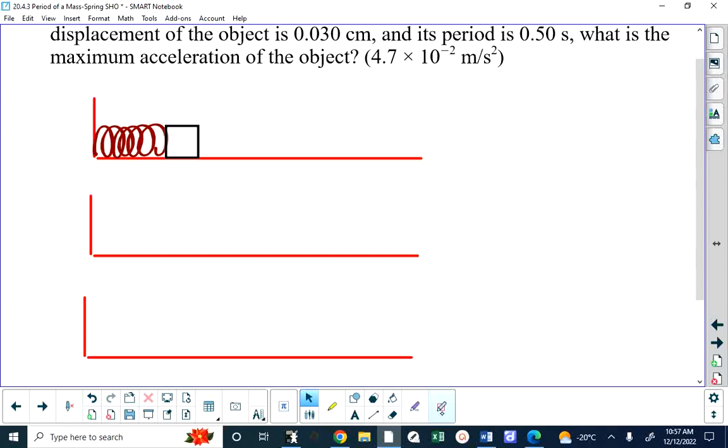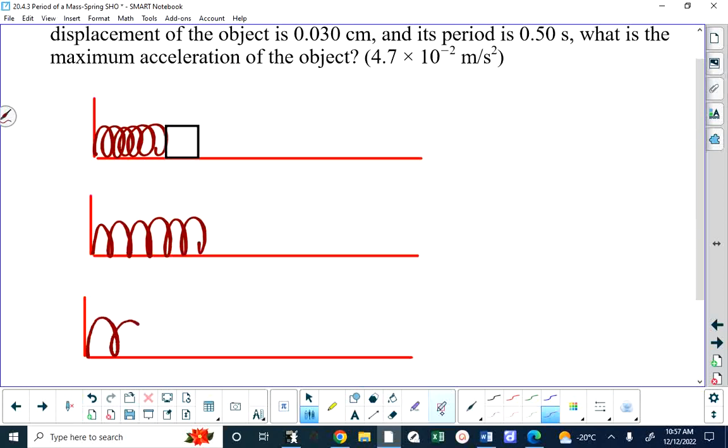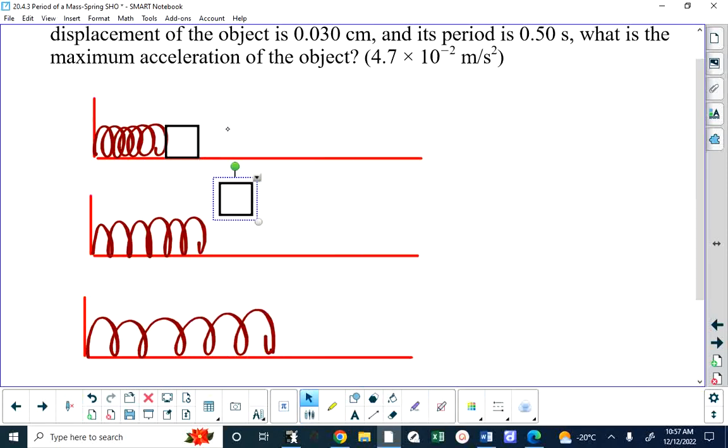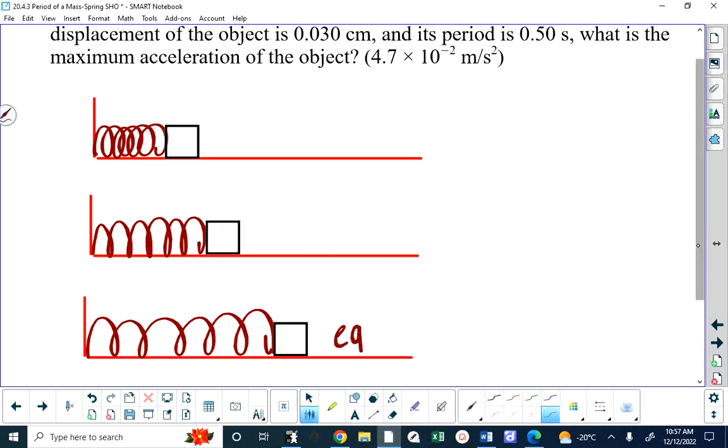I'm going to draw one here, and I'm going to draw one here. And this right here at the bottom is the equilibrium position.